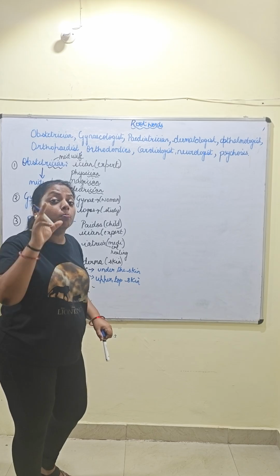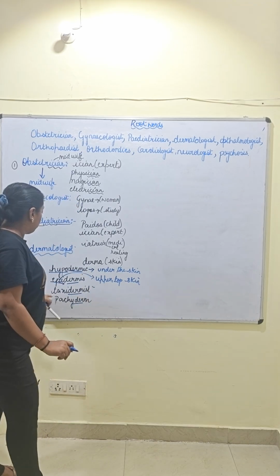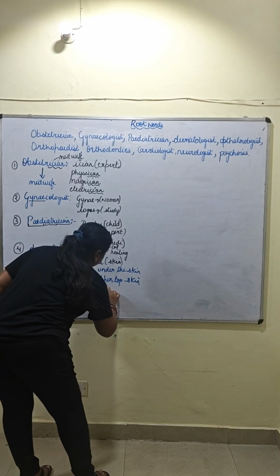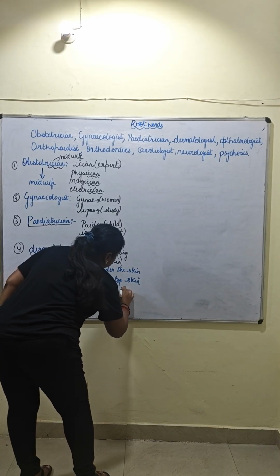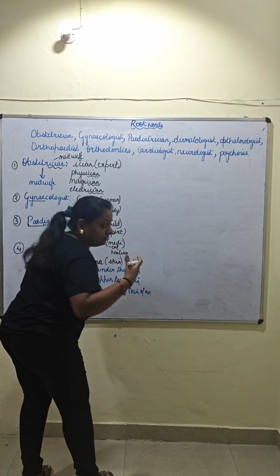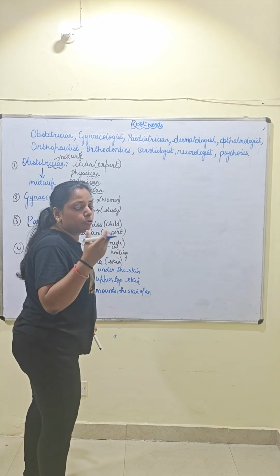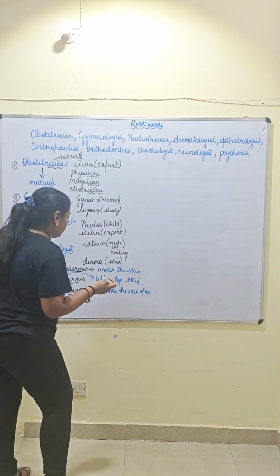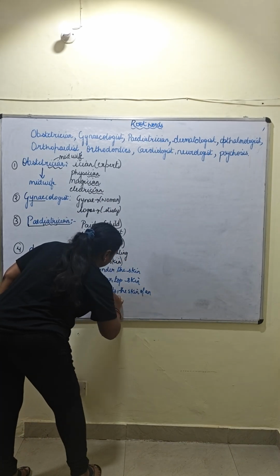So such people who mount the skin of an animal are called taxidermist. Who mount the skin of an animal to make it look live, to make you feel that the animal has life in it.